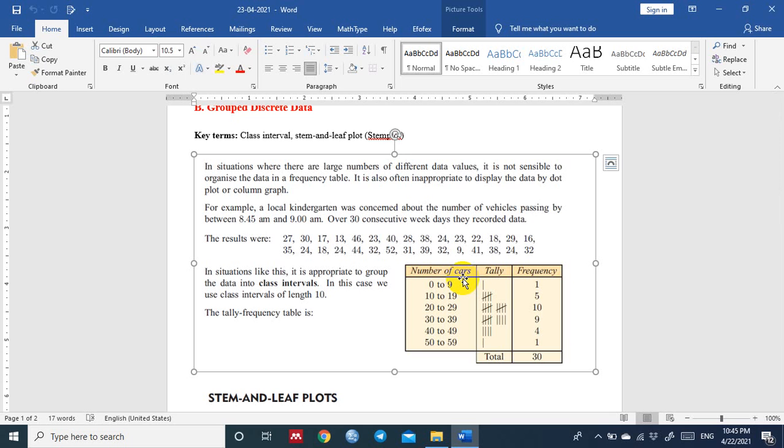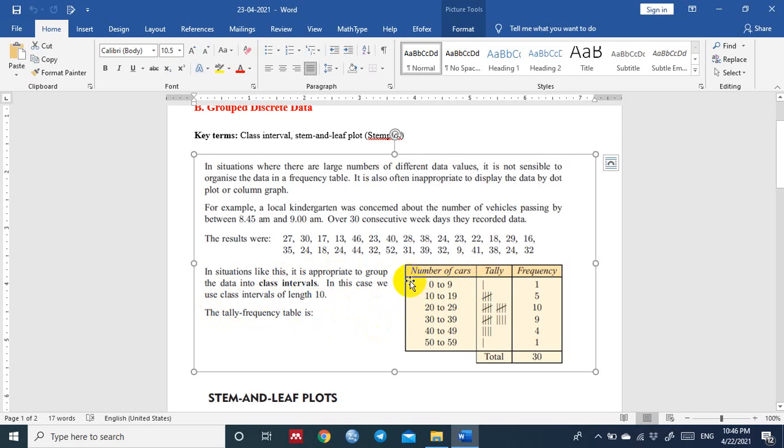To avoid using so many bars, we have to group the data into intervals. So in a situation like this, it is appropriate to group the data into class intervals. And in this case, we use a class interval of length 10.